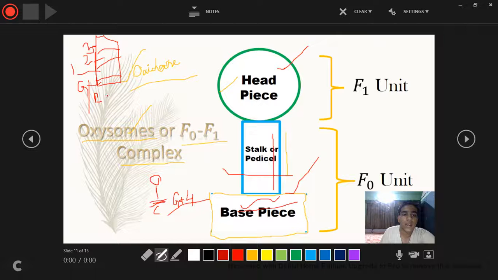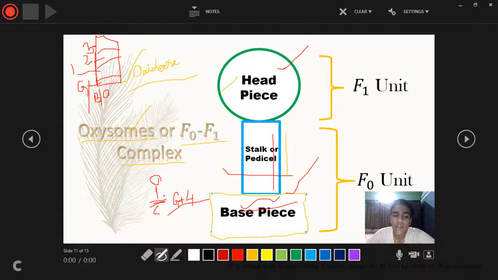And before 1, what is there? The base floor. What comes before 1? 0 comes. So can't we call this the F0 unit, as it is on the base of the cristae, and we start generally with the ground floor, or the base floor, or the zero floor, and next comes the first floor.